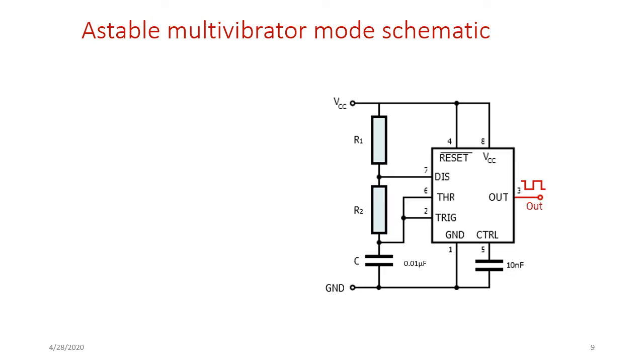Means it can never be at a stable state. It will go from high to low, low to high, in a predetermined time. So it is also known as a self-running or free-running multivibrator.